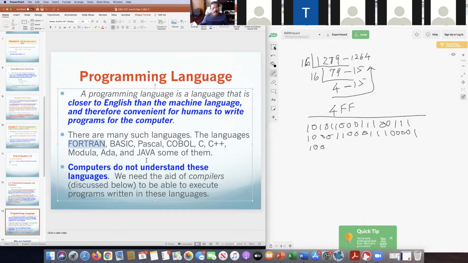But after the C language came along, pretty much the other languages went away, because C was good for everything. And then C++ is an improvement of that. So that took over the market, and that's used by pretty much all the programmers.